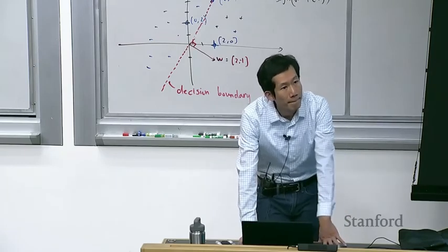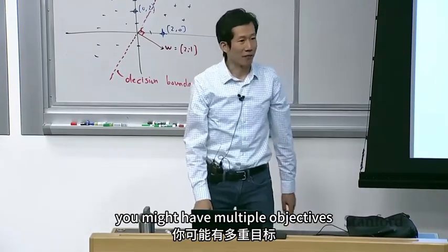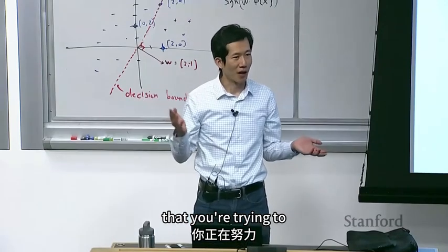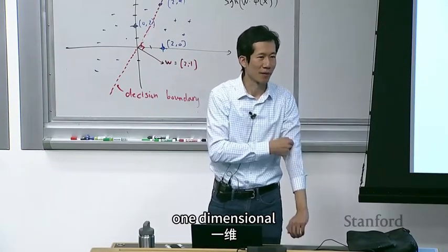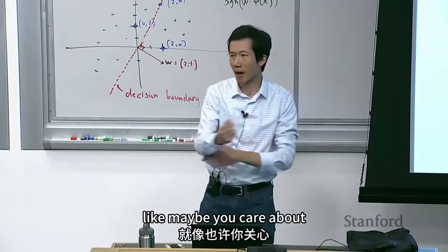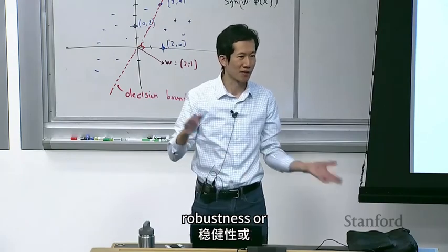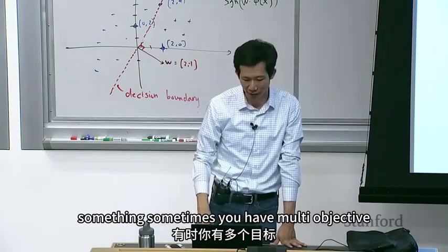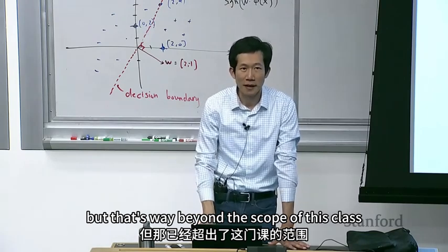There are cases where you might have multiple objectives that you're trying to optimize at once, like maybe you care about both time and space, or accuracy and robustness. Sometimes you have multi-objective optimization, but that's way beyond the scope of this class. In this class, it's always going to be one-dimensional.